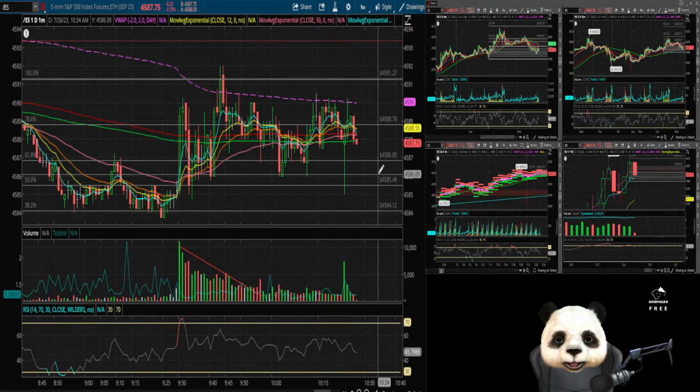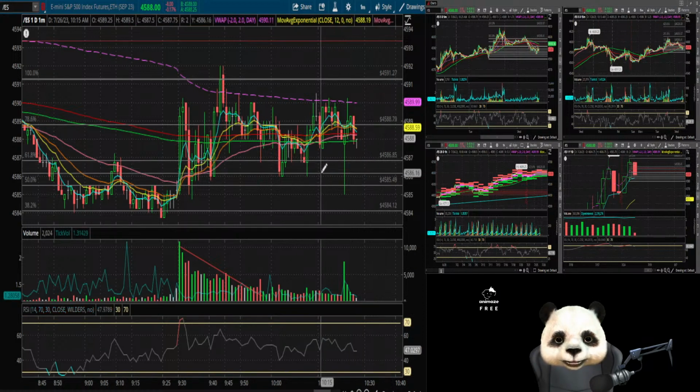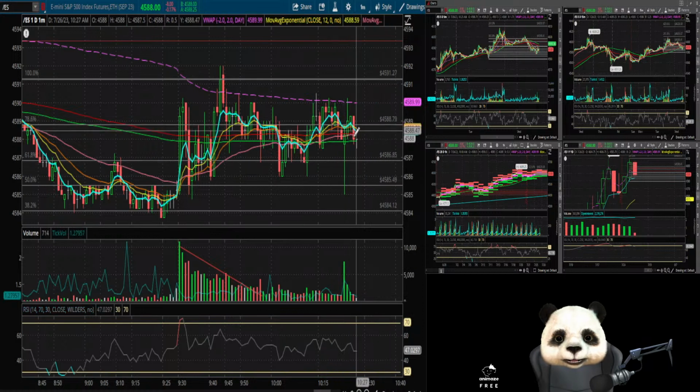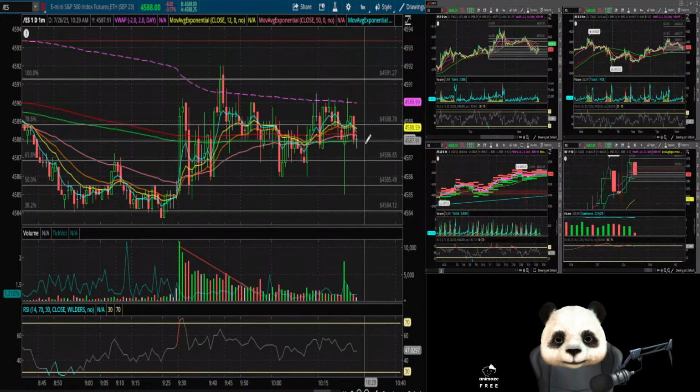45.86, and like I said, I try to aim 25 cents above, like under where my target is, just to make sure the profit hits, the target hits, and we don't bounce just short. So I'd be holding this still.